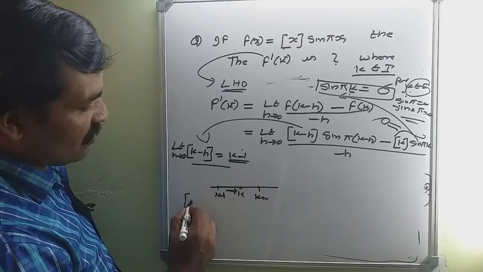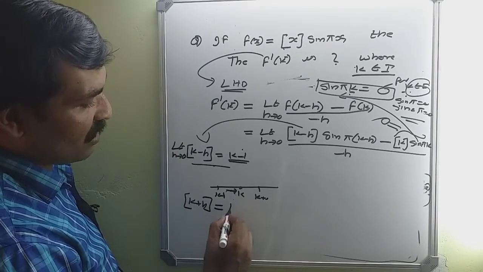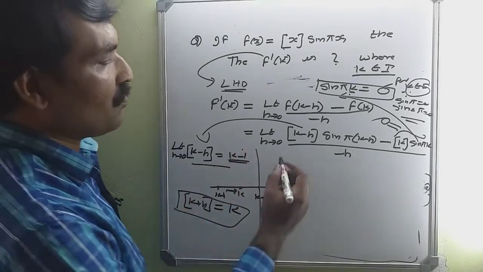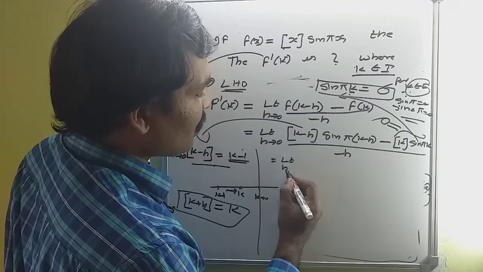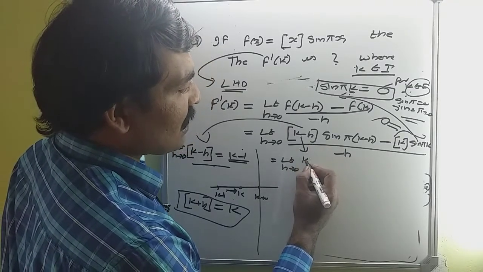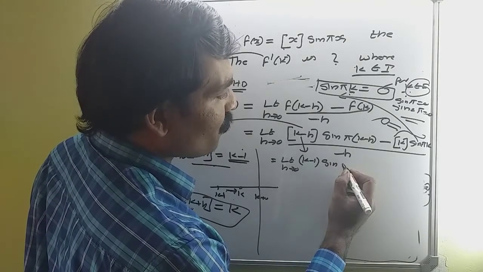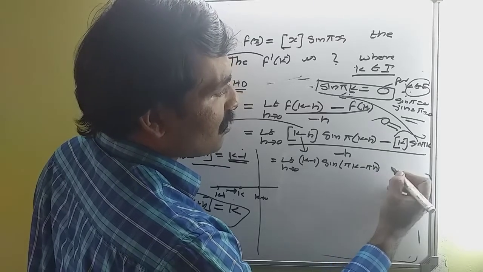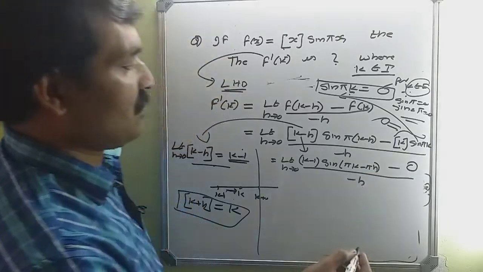And greatest integer function of k plus h is equal to k. Now we can write this as limit h tends to 0 of k minus 1 into sine of pi k minus pi h minus 0, divided by minus h.